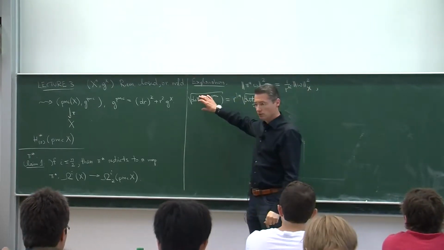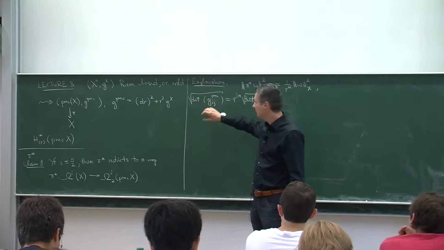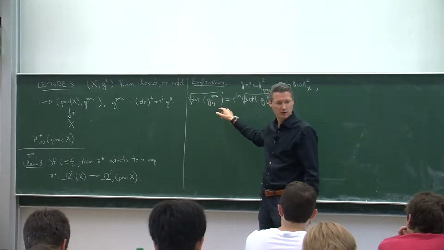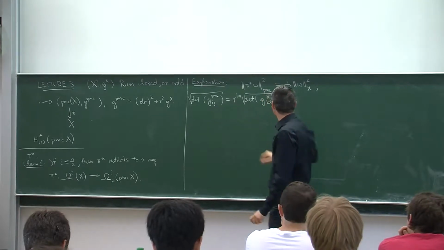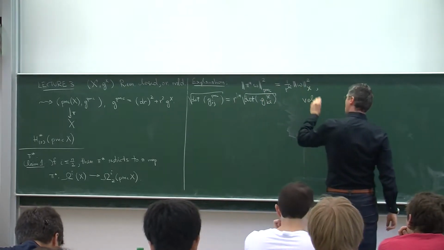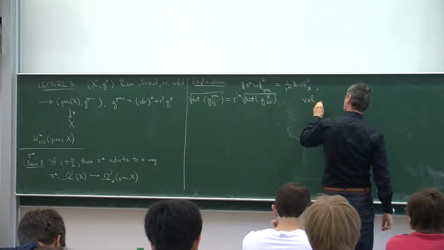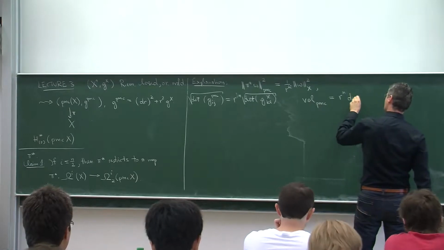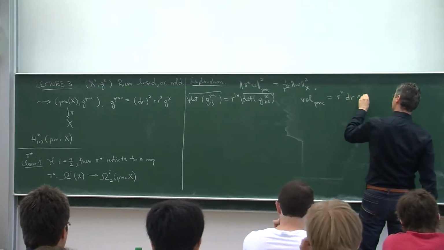If you write the volume form in coordinates, it's precisely this times dx1 wedge and so on dxn. And therefore, the volume form on the PMC is in fact r to the n dr wedge the volume form on X.